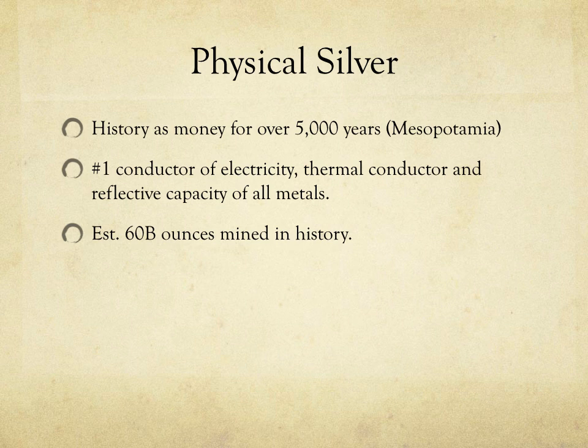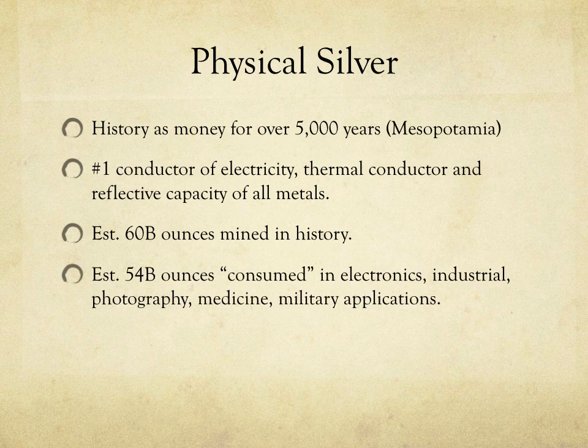And in history, we're looking at about 60 billion ounces has been mined, pulled out of the ground, and is above ground in some form. Remember that number, 60 billion ounces in history. Of that 60 billion ounces, 54 billion ounces have been consumed in electronics, industrial, photography, medicine, military applications.